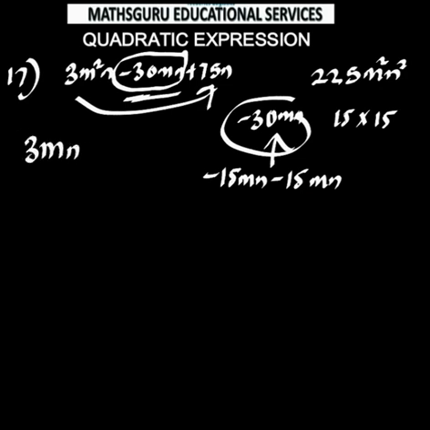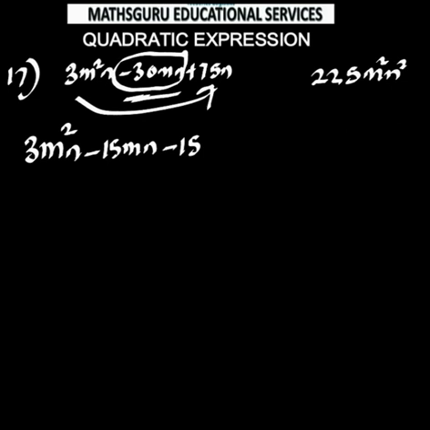3m square n minus 15 mn minus 15 mn plus 75n. Let me wipe off this.